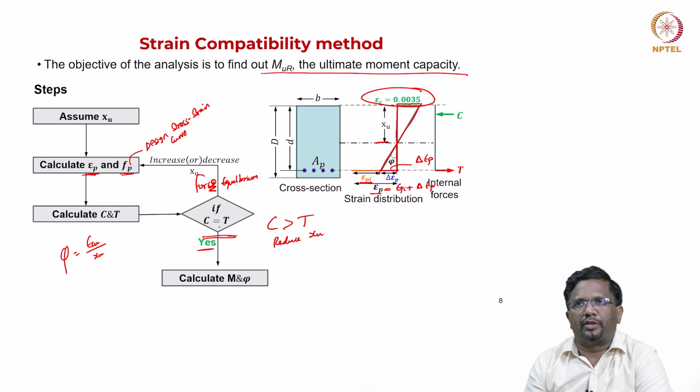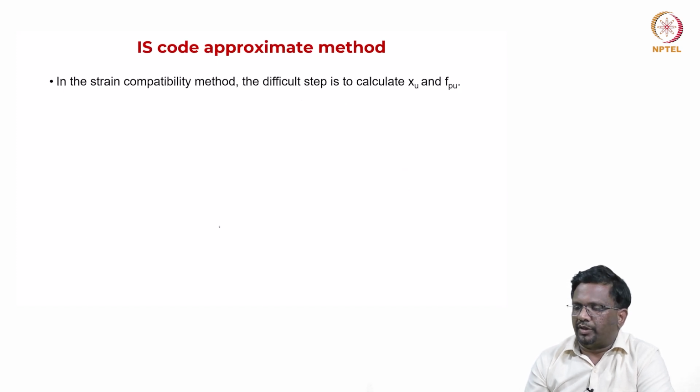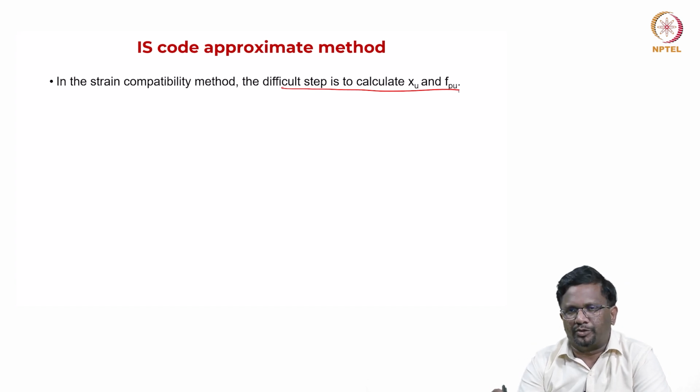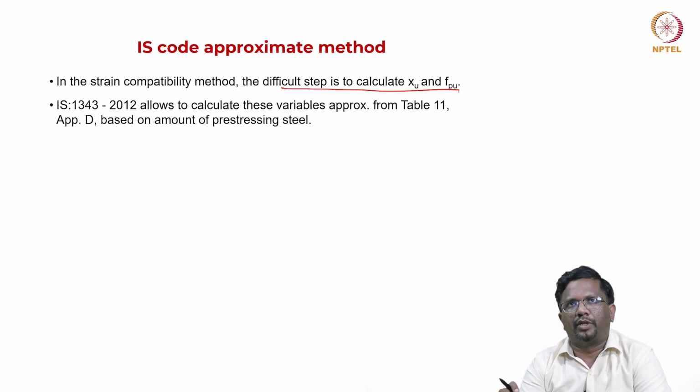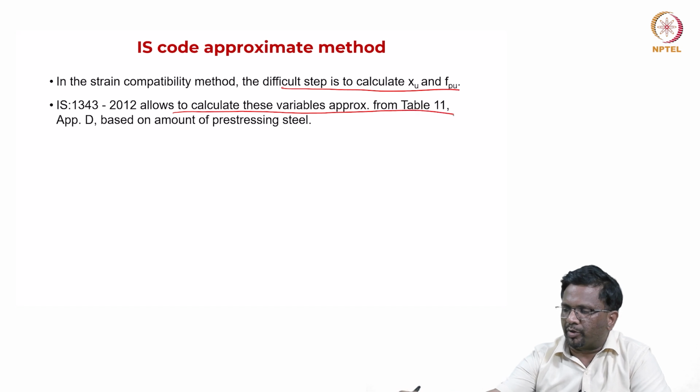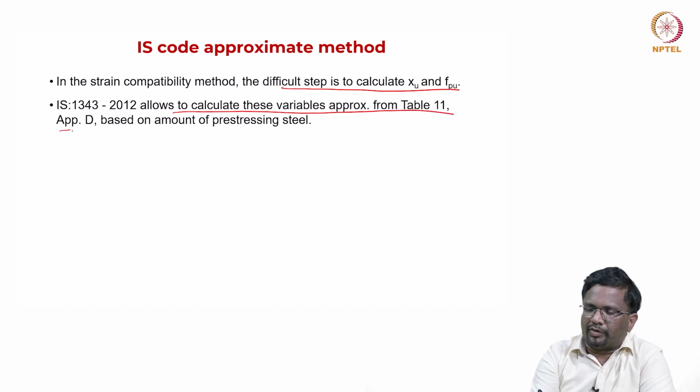So, in the strain compatibility method, the difficult first step is to calculate the Xu and Fpu. To start with, we do not know at the ultimate condition what value of neutral axis will satisfy the equilibrium condition, right. So, the IS 1343 method allows us to directly calculate these variables in an approximate form using a table.